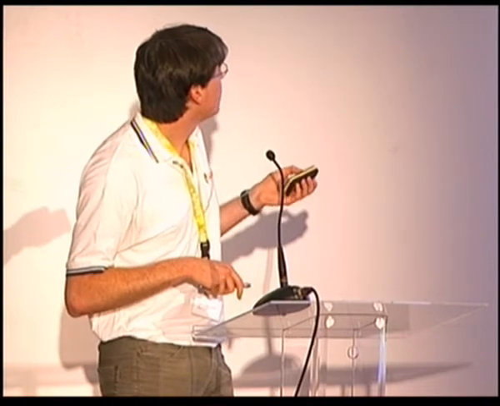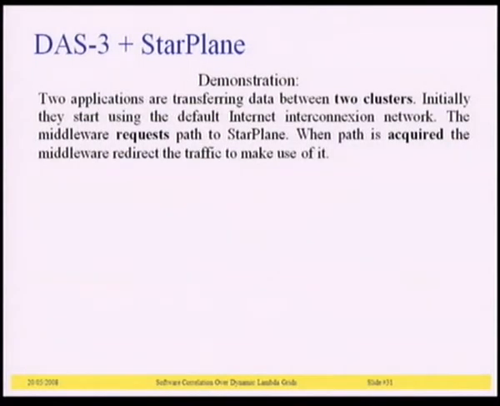So the first test we made was to test the efficiency of the cluster-to-cluster data transmission. The way we did it was to make an application transmitting data from one cluster to another.